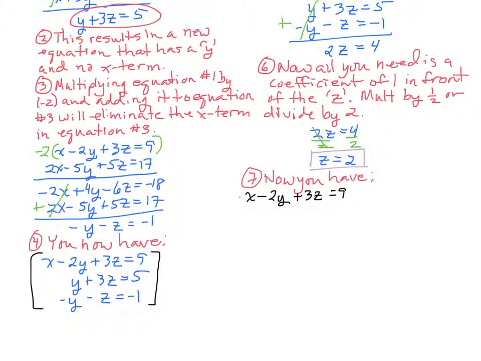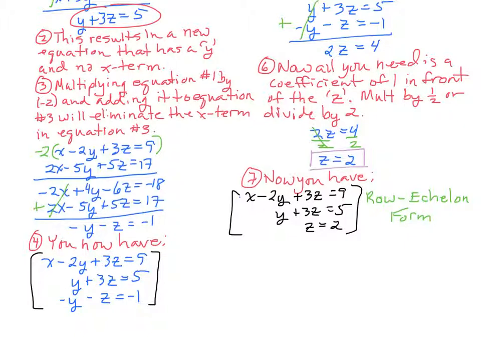Our second equation became y plus 3z equals 5, and z is equal to 2. So this is your official row echelon. And there are some questions in your Math Excel that will ask you to just go find row echelon. That's it. Stop there. Don't solve. But we're going to solve, of course.